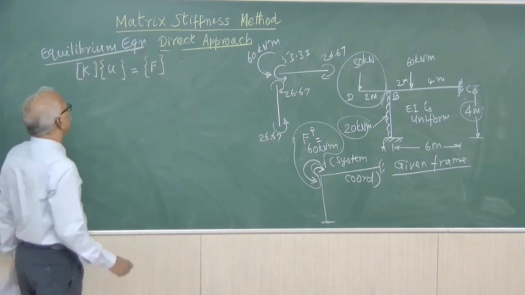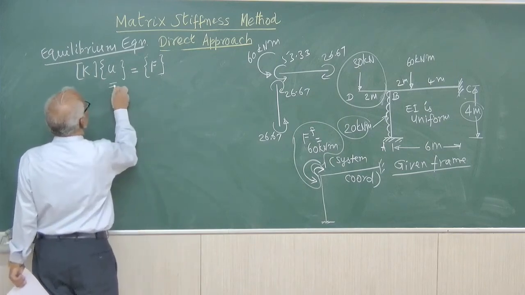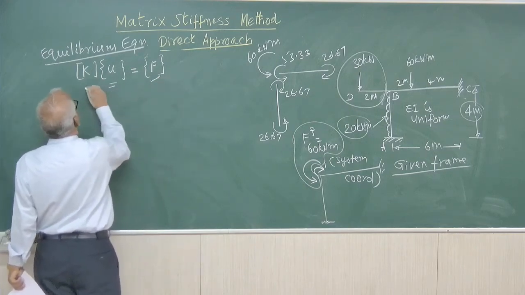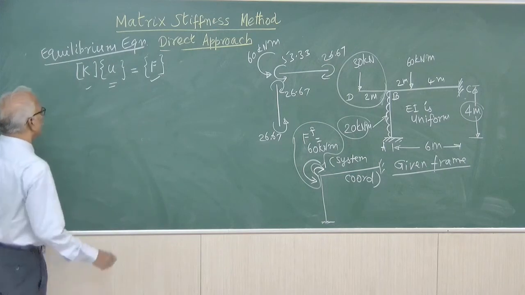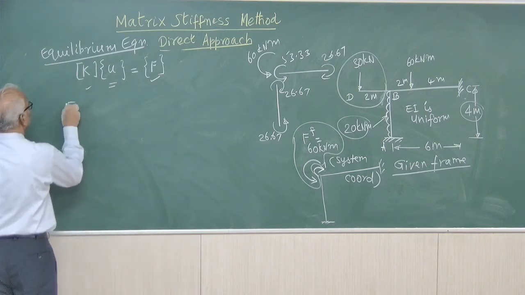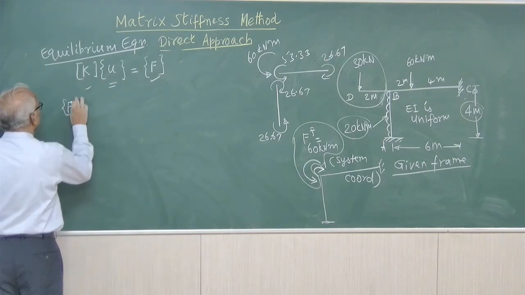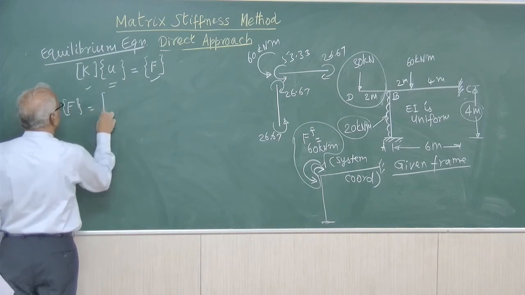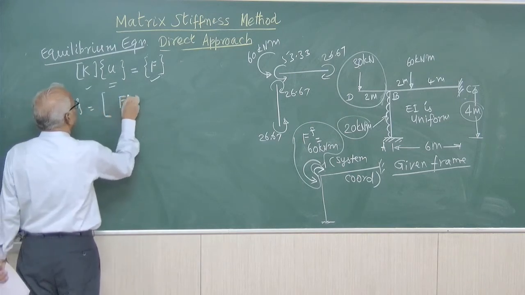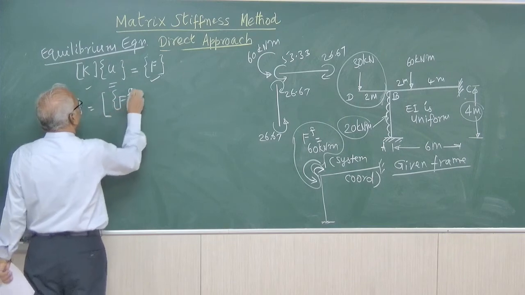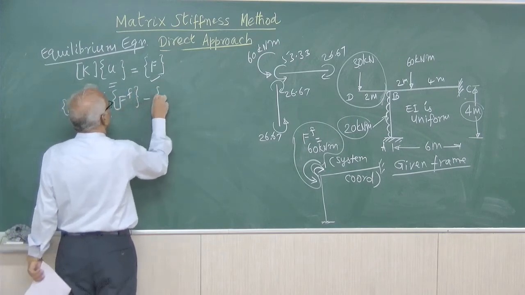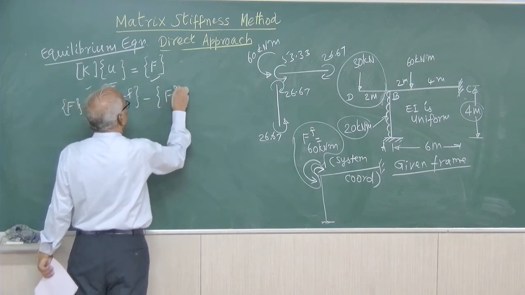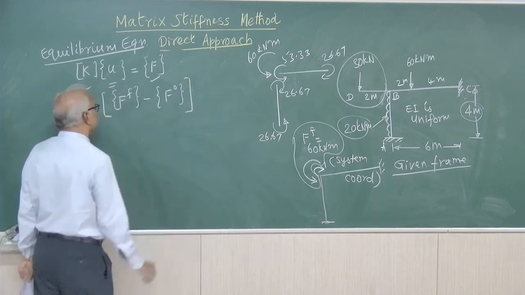These are the unknowns. We are going to find out the F values and the K values. Now F equal to F of F minus F naught.